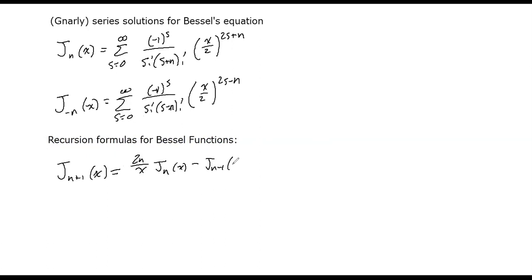So if I want to know the n plus first Bessel function, I can do this with the n minus first and nth Bessel function. There's also a parity formula, but you can see that pretty easily.